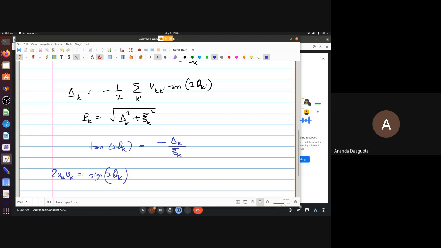And this is, of course, twice uk vk. Remember, sine 2 theta k is 2 sine theta k cos theta k. That's twice uk vk. And that works out to delta k by Ek, and vk square minus uk square, which is cosine 2 theta k. Of course, that's the reciprocal of sec 2 theta k, and that works out to minus xi k by Ek. Okay, this is where the sign matters.